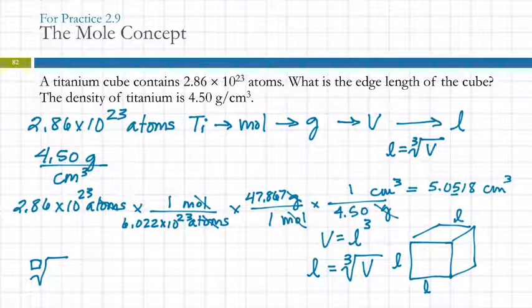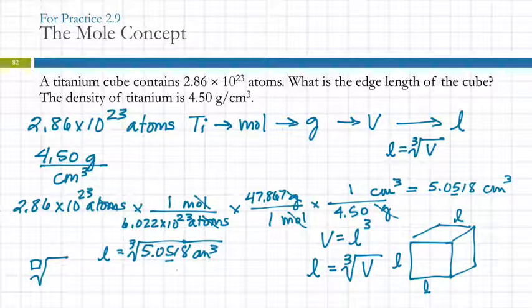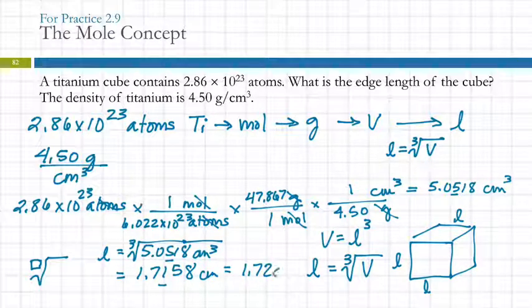And then I put the number that goes inside, 5.0518, and I press equals. So the length is equal to the cube root of 5.0518 cubic centimeters. When I take the cube root of cubic centimeters, I get centimeters. And so I'm going to get 1.7158 centimeters. And I'm going to round that to 1.72 centimeters.